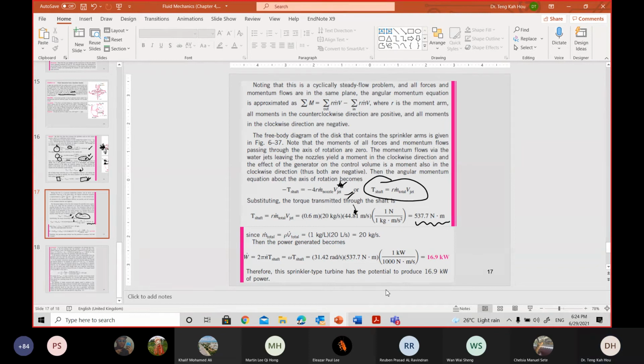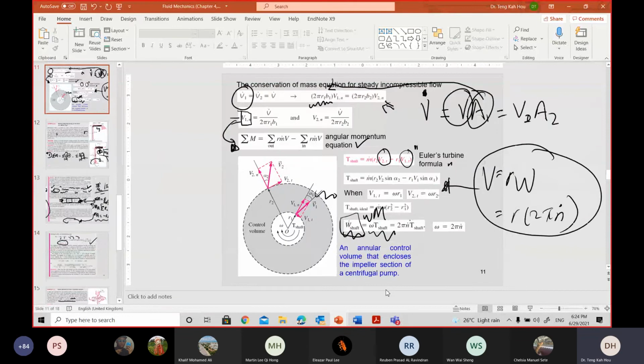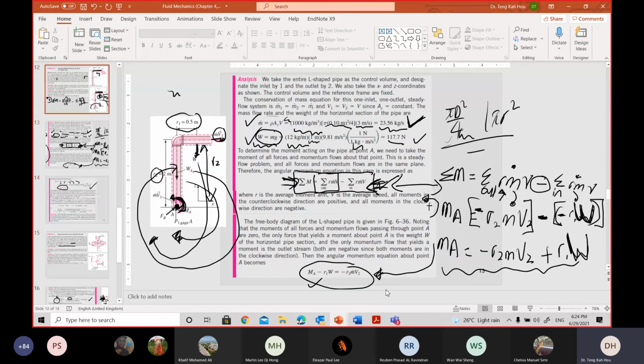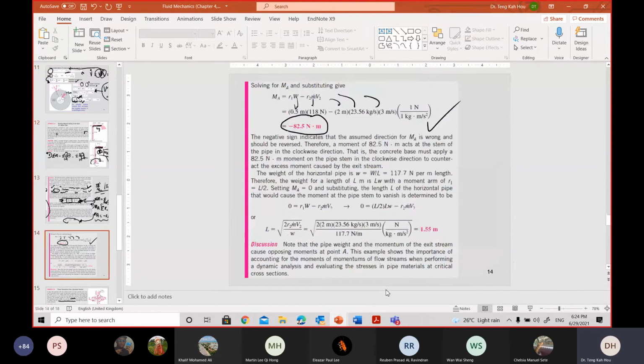Okay, so once you get this, this is where it comes from, from the formulas. As I explained to you, this is very important. IMV, yeah. This formula is very important when you link the rotational angular momentum with your shaft and the power.